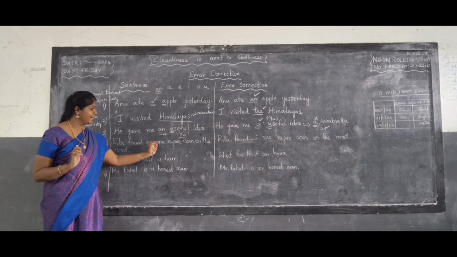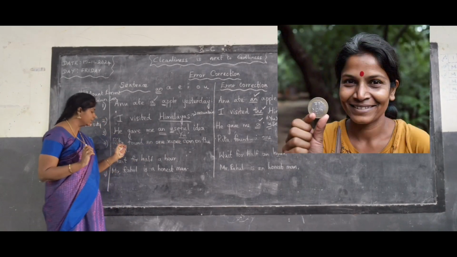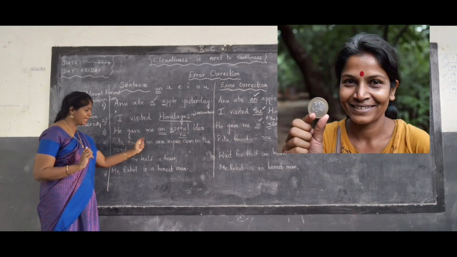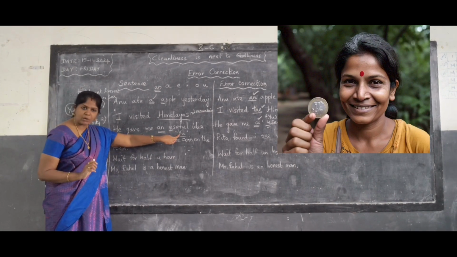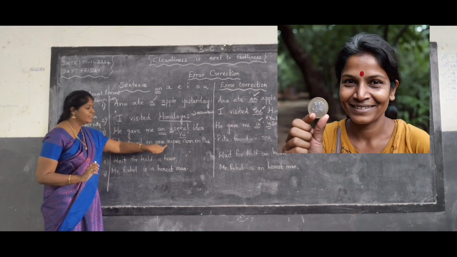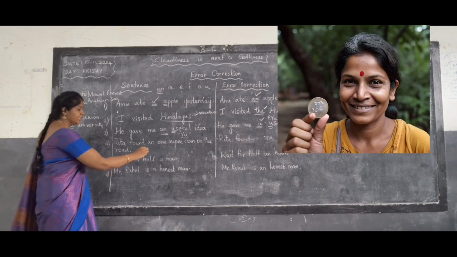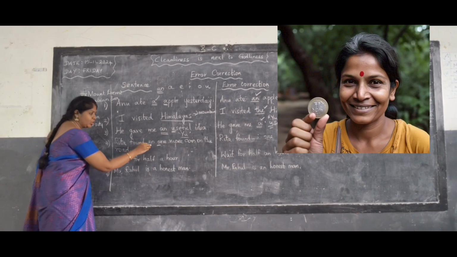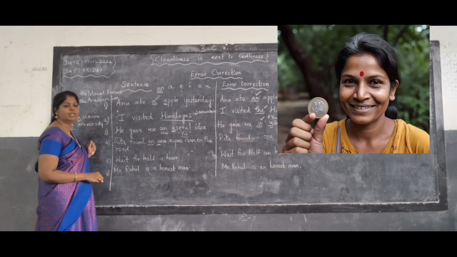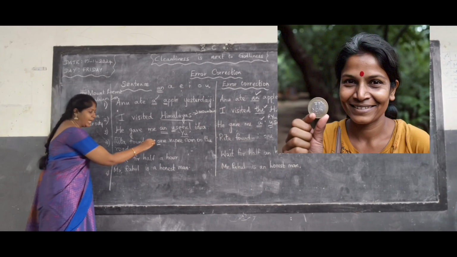Teacher found an 1 rupee coin on the road. Here we dealt with the sound U and now we will deal with the sound O. So here, 1 rupee coin. When we begin with the word one, we have to add a.